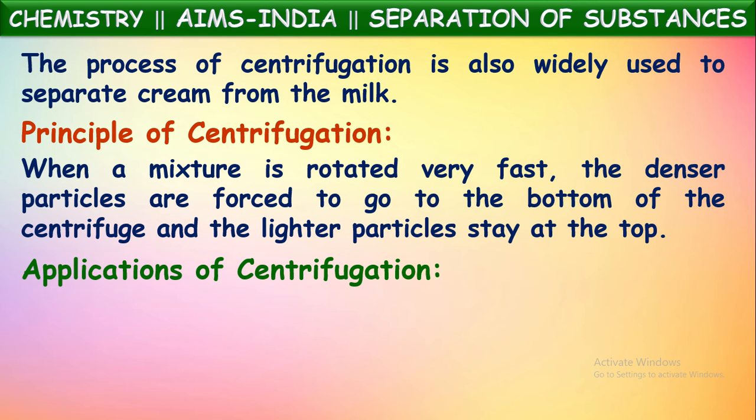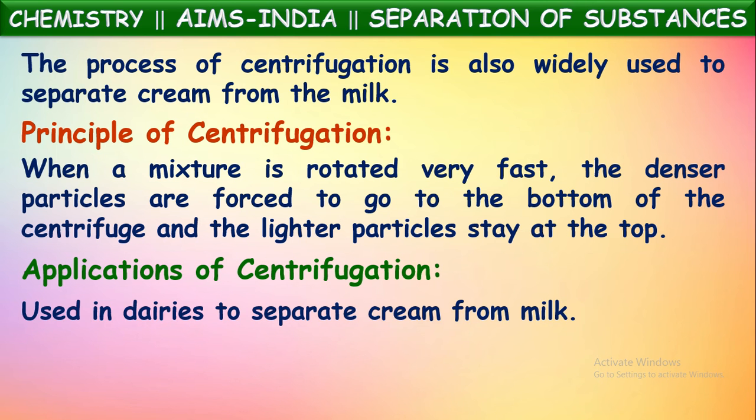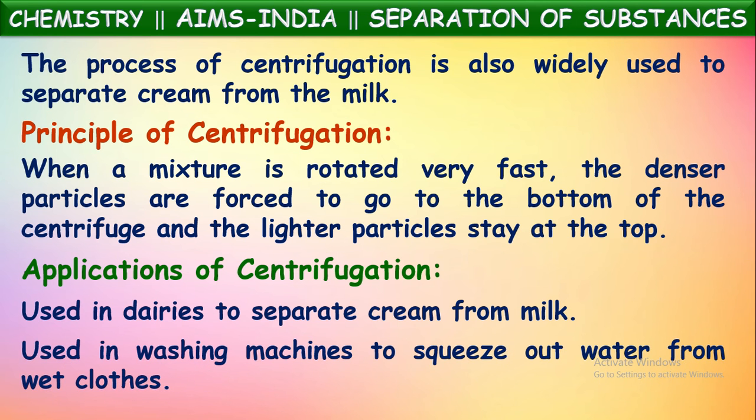So where do we apply this centrifugation process? As we told, it is used in dairies to separate cream from the milk. In the milk dairies, they separate milk and cream by using this centrifugation. Milk will be whirled at very high speed so that cream will be separated from it. And it is used in washing machines to squeeze out water from wet cloths.